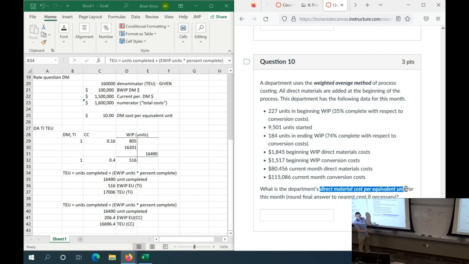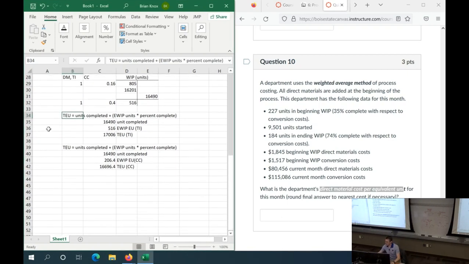So this is a more comprehensive problem. I don't think of a lot of multiple choice questions that are comprehensive like this, but there are some of the open answer ones that say do the whole thing. So this one we have to calculate TEU, decide what costs to include in the numerator, and then do the division right, which shouldn't be too hard, but there are ways to mess that up too.